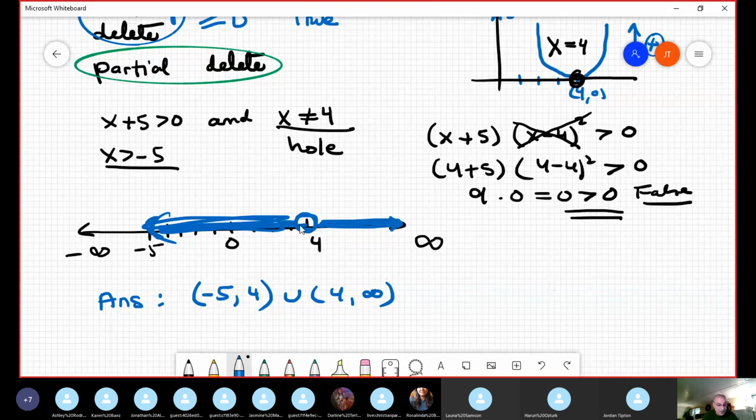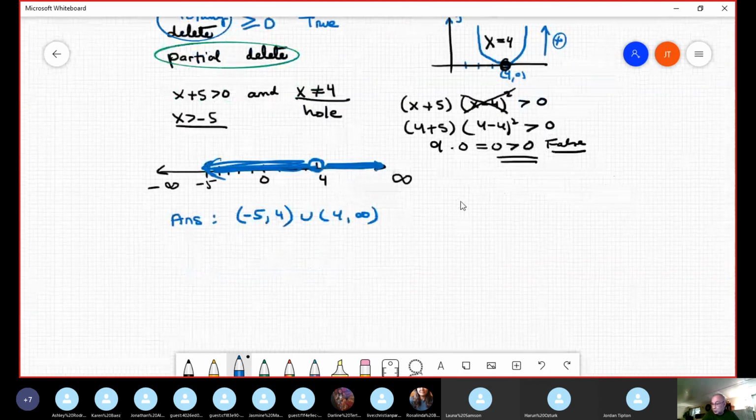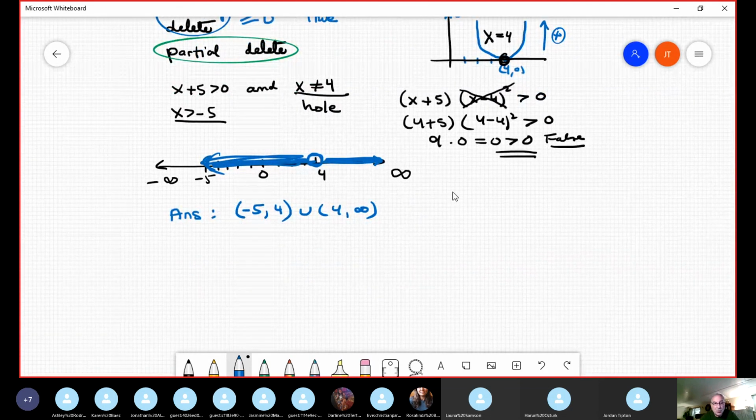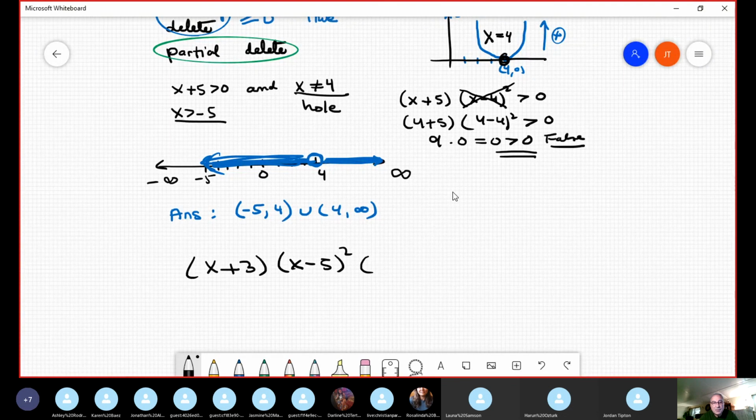Let me summarize in the rest of the time we have. Suppose we have an inequality, and let me complicate your life: x plus 3, x minus 5 squared, x minus 2 squared, x minus 4 not squared, greater than 0 or less than 0.